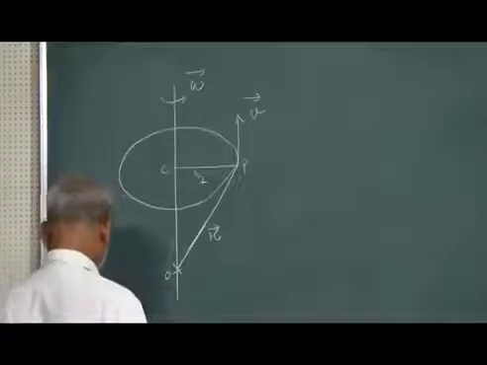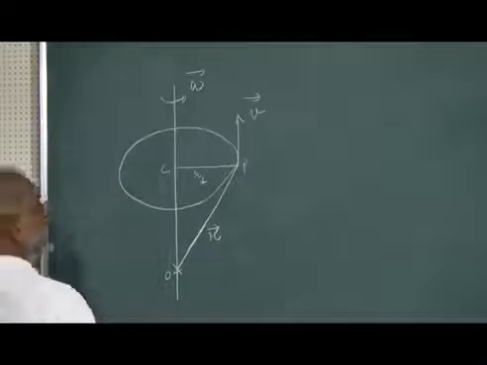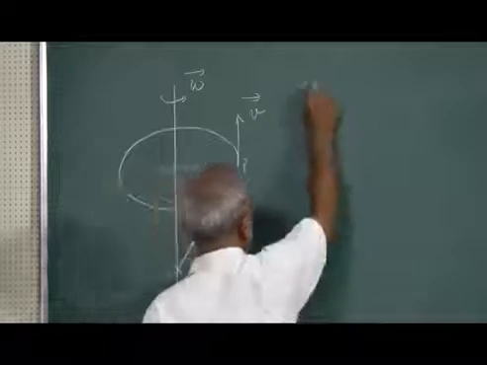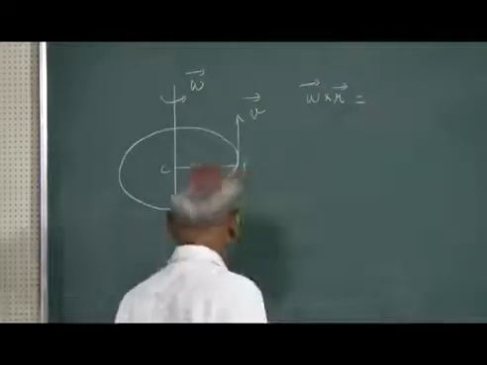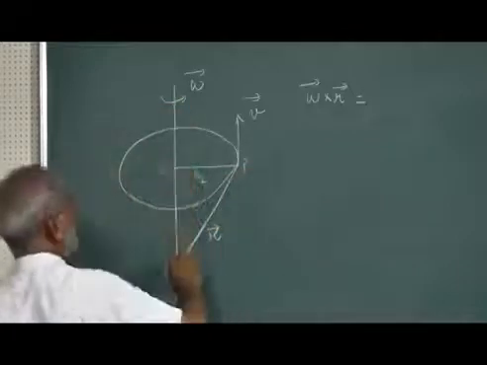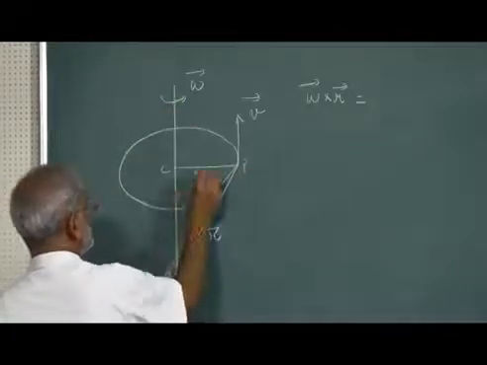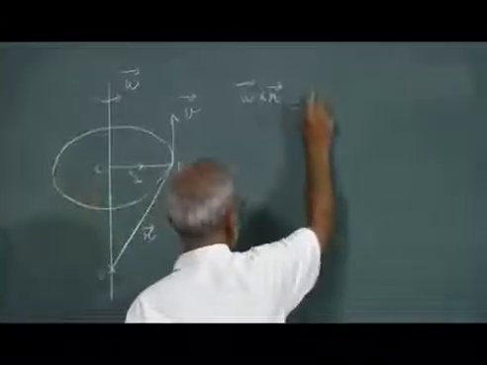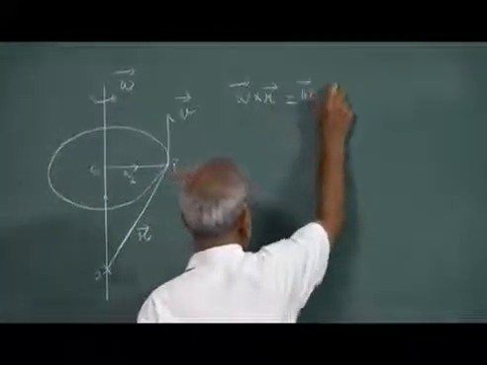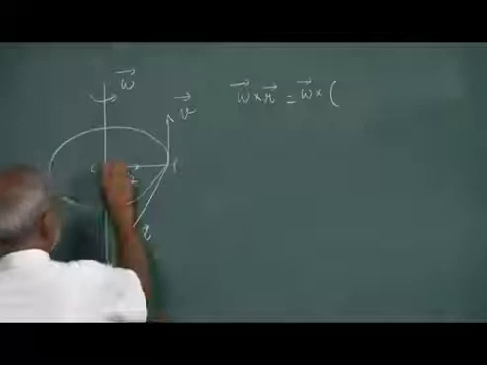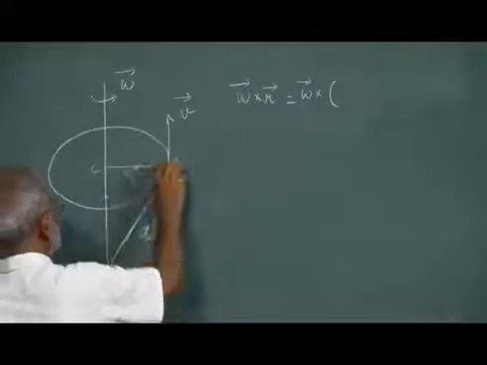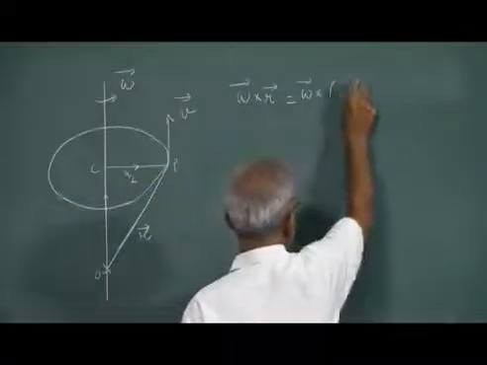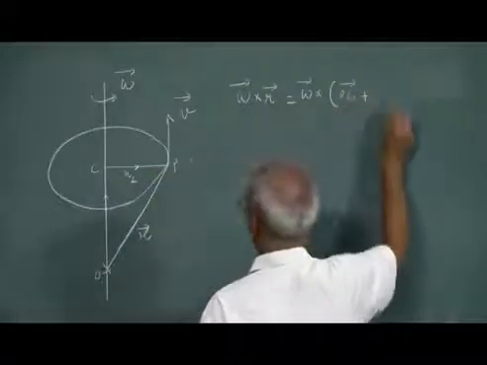Now we consider omega cross r. What is omega cross r? Omega is here, r is here. Omega cross r is the same as omega crossed with OC. This vector is the same as this vector plus this vector, so OC vector plus CP vector.